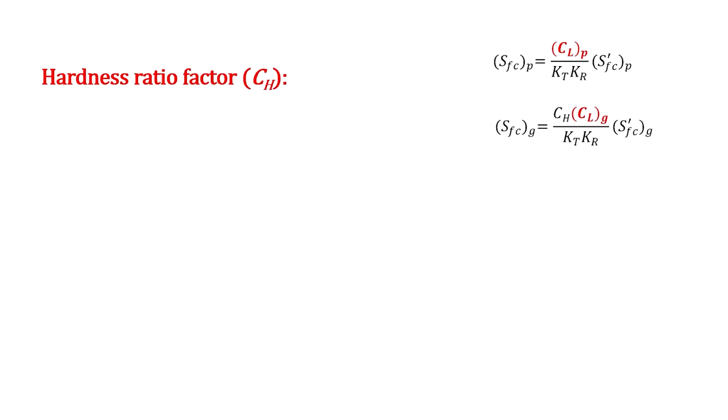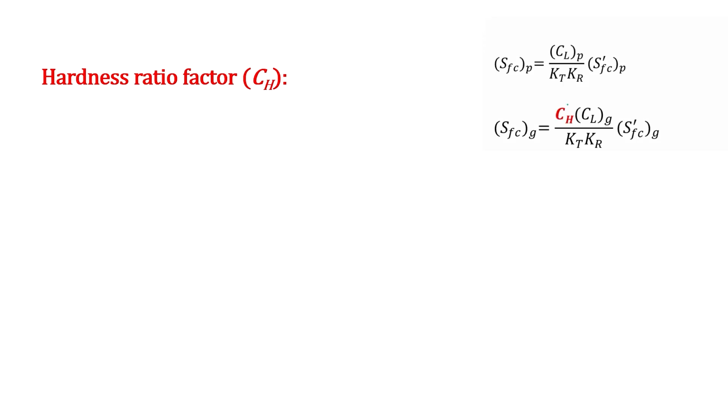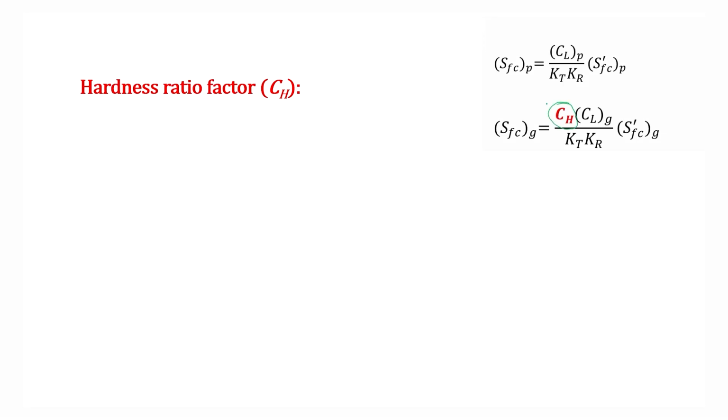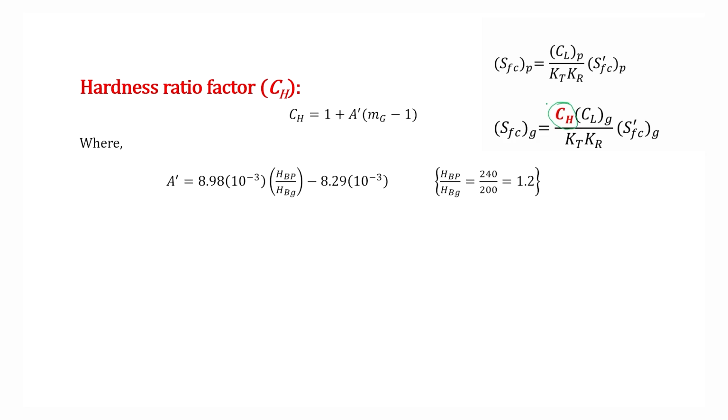Then the hardness correction factor or the hardness ratio factor, which is used only for the case of gear. This is determined with the help of this formula, CH is equal to 1 plus A dash into mg minus 1, where A is this one, which depends on the ratio of Brinell hardness of the pinion to Brinell hardness of the gear. For our case, it is 1.2.